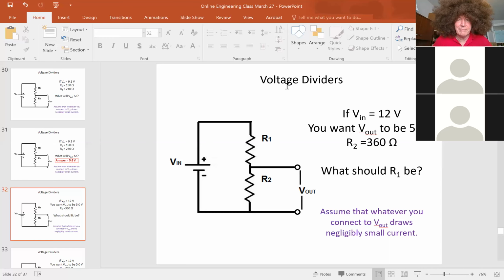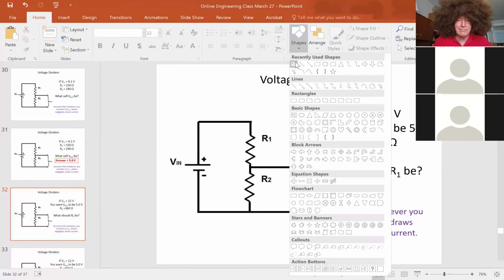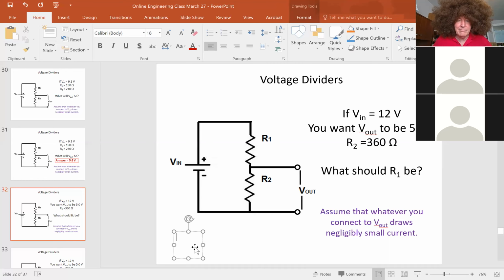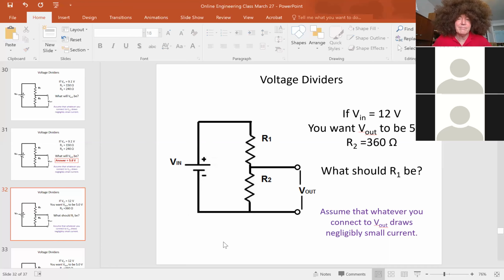Your current is going to be 12 over 360 plus x, where x is your R sub 1. Then if you put that into your second equation, you have 5 equals 12 over 360 plus x, times 360. So then divide by 5, multiply by 360 plus x, and then subtract 360, and you get 504.